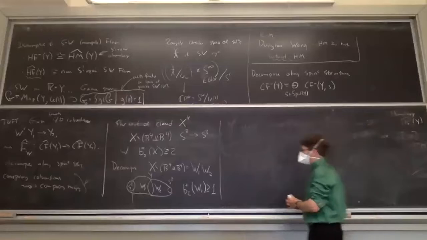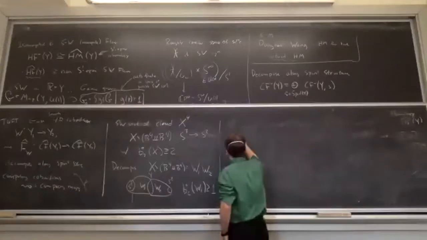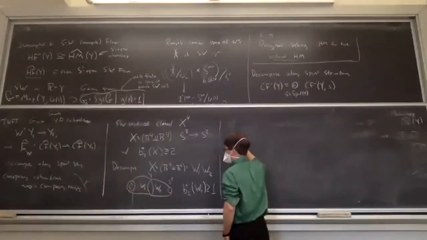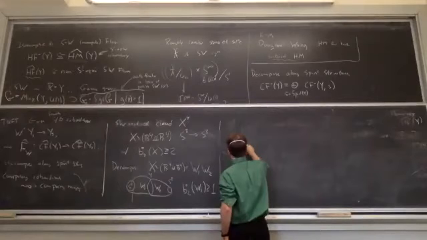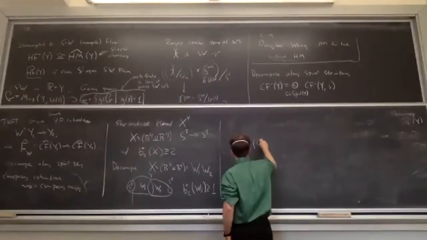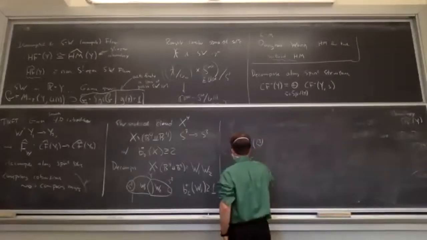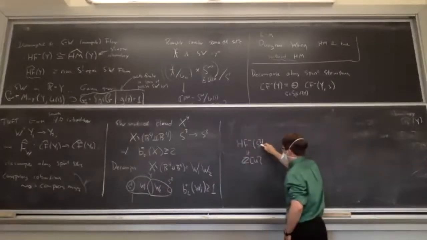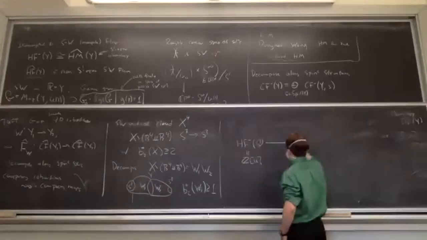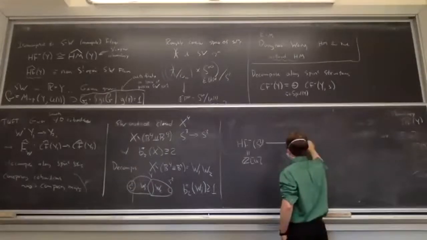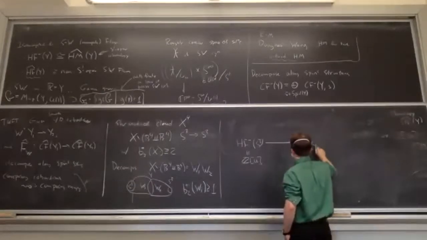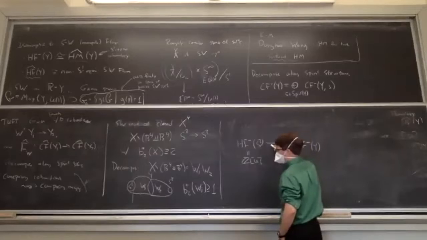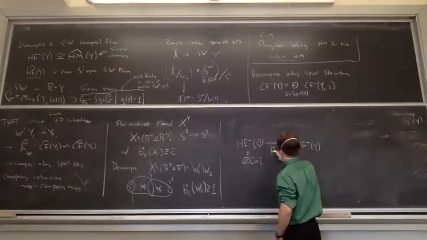And then you do this. HF minus of S^3, that's just Z adjoin U by some easy model computation. That maps to HF minus of Y by the map associated to W1.